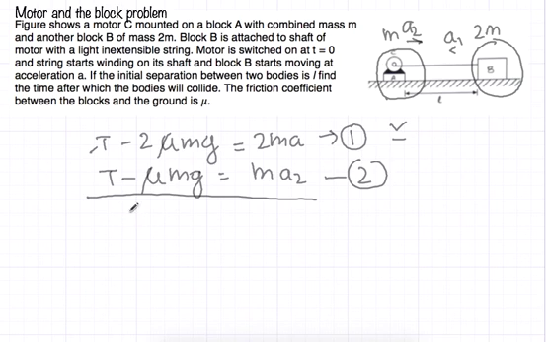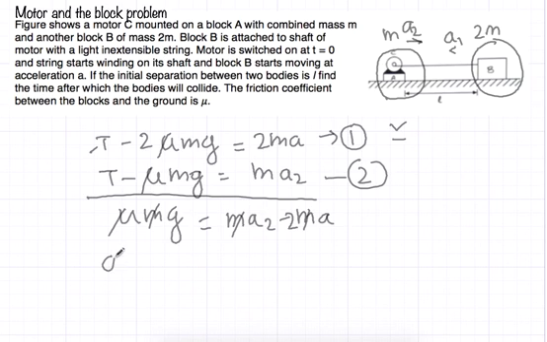So what I'll get: mu mg equal to m a2 minus 2m a. All right, so we can comfortably cancel out m.